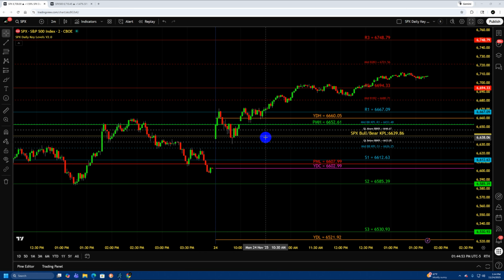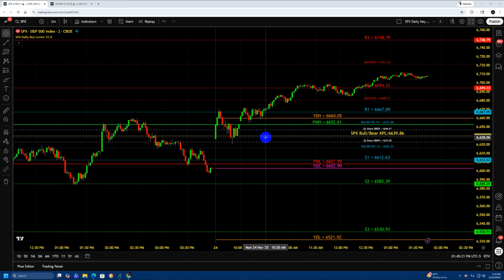Now, this indicator is for day trading only. That means you are opening and closing your positions all in the same session. Since the indicator gives new, fresh, updated key levels each morning, it is for day trading only and is not for swing trading.